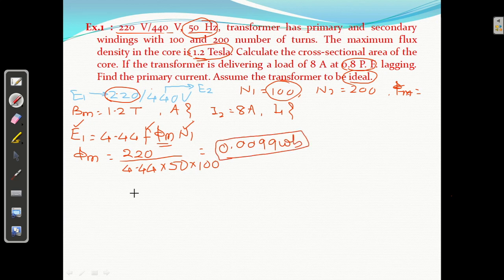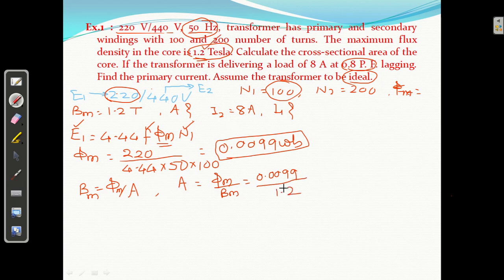We know B equals flux upon area, so Bm equals phi m upon area. So area equals phi m upon Bm. phi m is 0.0099 upon Bm, which is given as 1.2 Tesla.